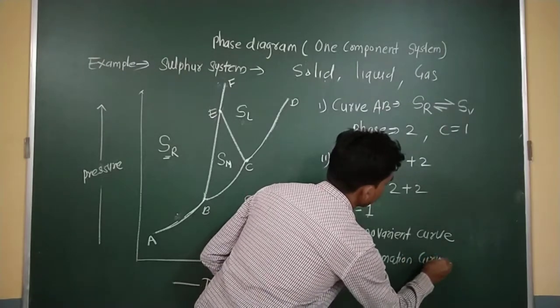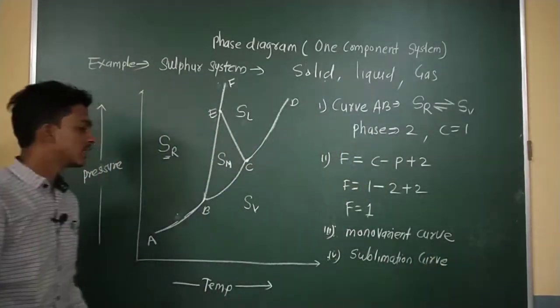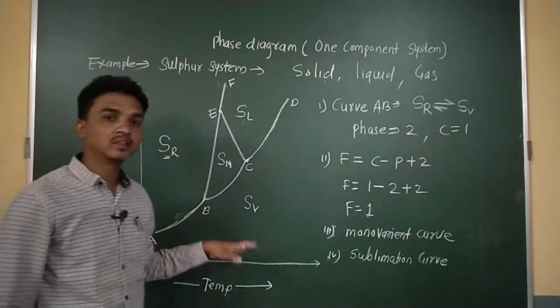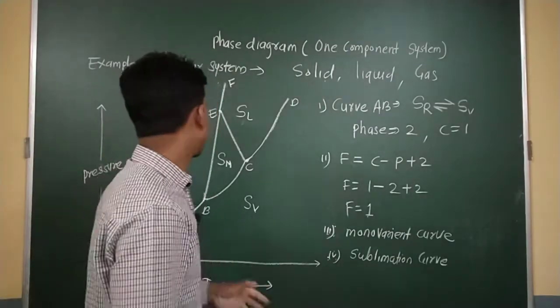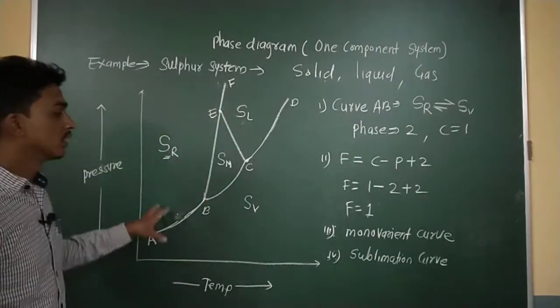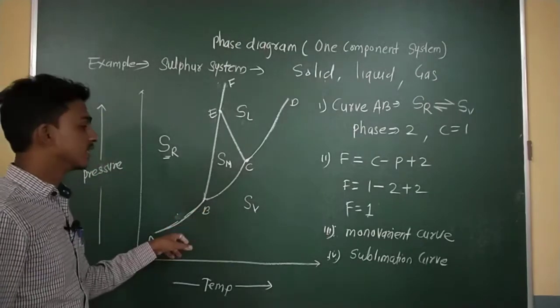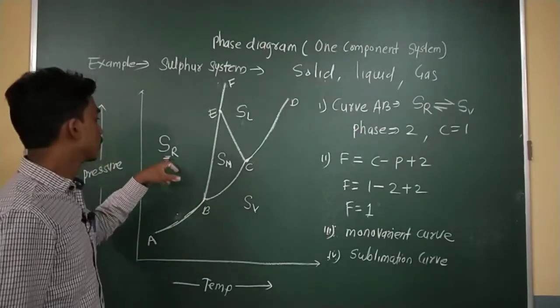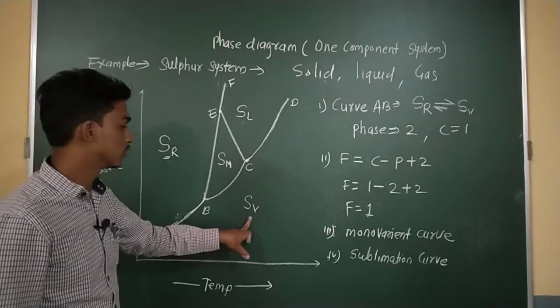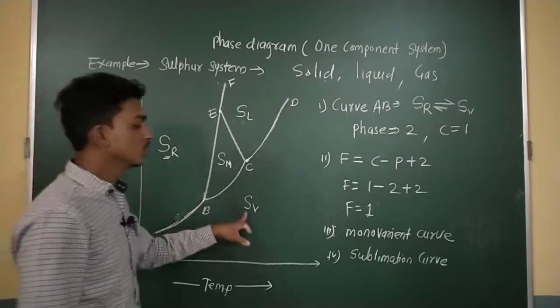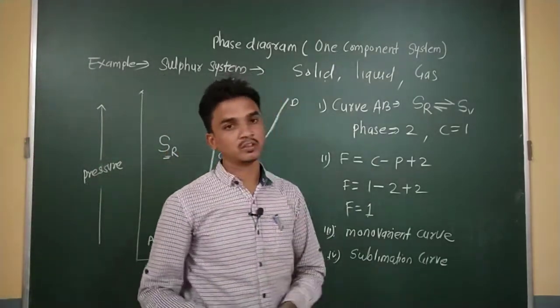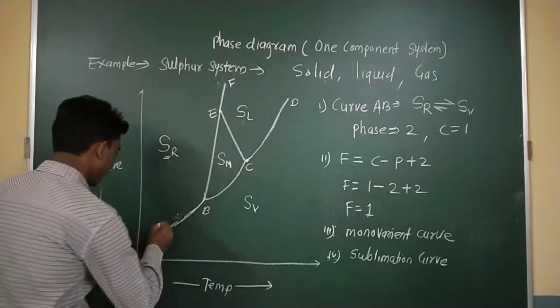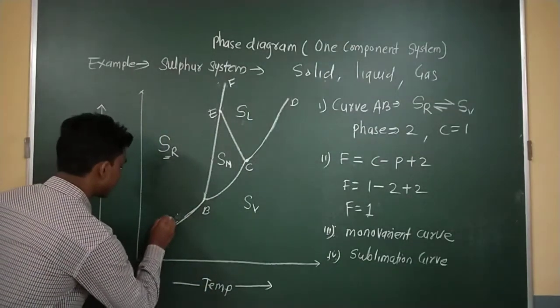If a solid is directly converted into vapor state, that process is sublimation. So this curve indicates the sublimation of rhombic sulfur to sulfur vapor. I am writing here: sublimation.